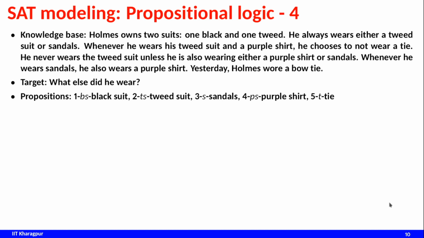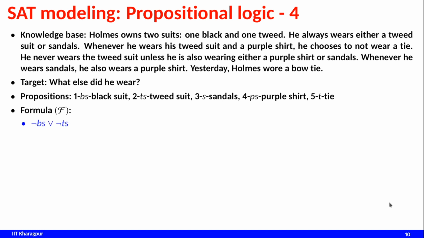So we'll be using this notation: black suit, tweed suit, sandals, purple shirt, tie, and 1, 2, 3, 4 for their corresponding variables. So let us try to model the problem in propositional logic.